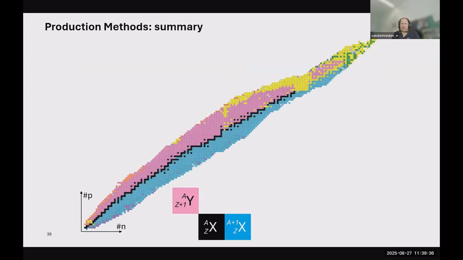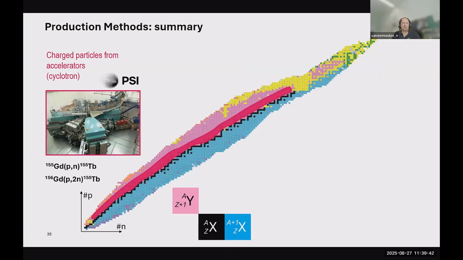So the different production methods, as a quick summary: accelerators or cyclotrons use charged particles like protons to produce your nuclides, and generally these are proton-rich nuclides.